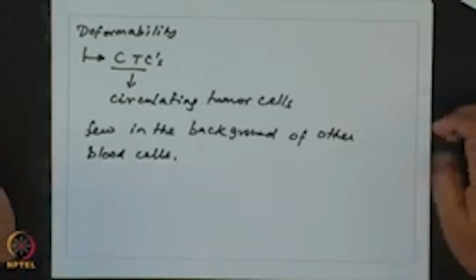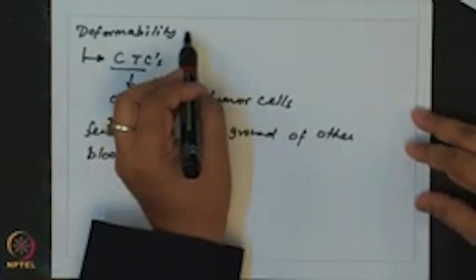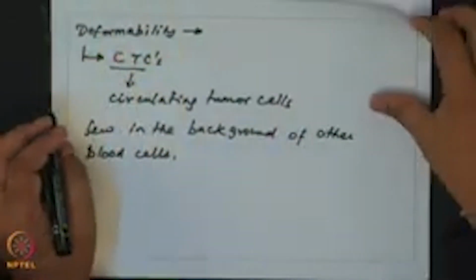One approach which a lot of researchers have taken is a strategy where populations are separated based on their deformability or size. So, let us say I have a device.